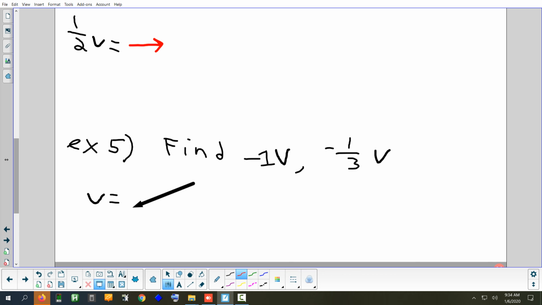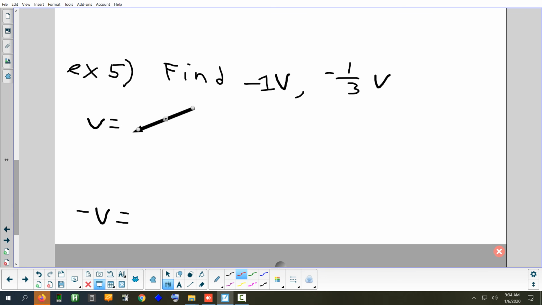Let's try these two. Now, if you put -1v, that's the same as -v. Same. Isaiah, what's going to happen to the magnitude when I do -v compared to v?